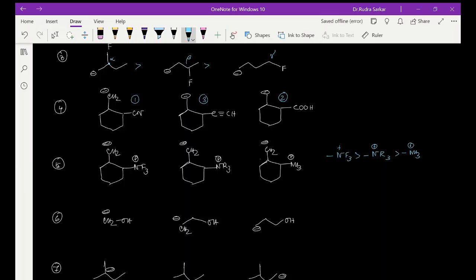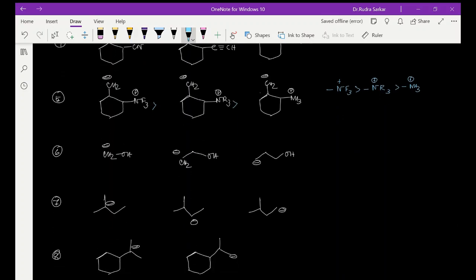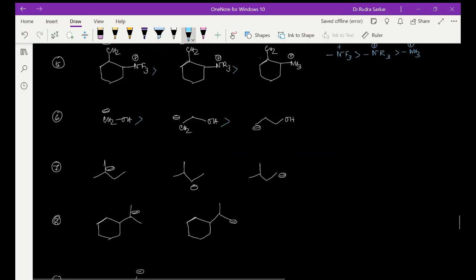That being the case, the first molecule will be more stable than the second, which will be more stable than the third. Again, in this case, as the distance of the OH group increases from the carbanion, the stability will decrease because the minus I effect decreases. So this will be the stability order.